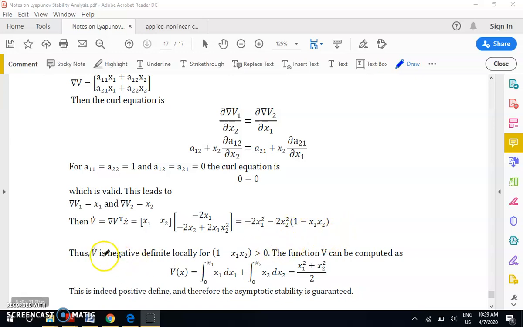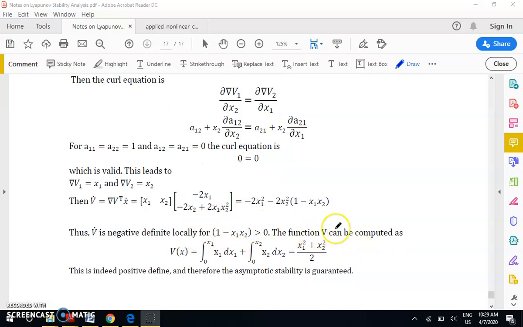So it means that v dot is negative definite locally for this particular condition, and the required Lyapunov function can be constructed as v of x is integration 0 to x1 of x1 dx1 plus 0 to x2 of x2 dx2, which is (x1 squared plus x2 squared) by 2, which is indeed positive definite, and therefore asymptotic stability is guaranteed.